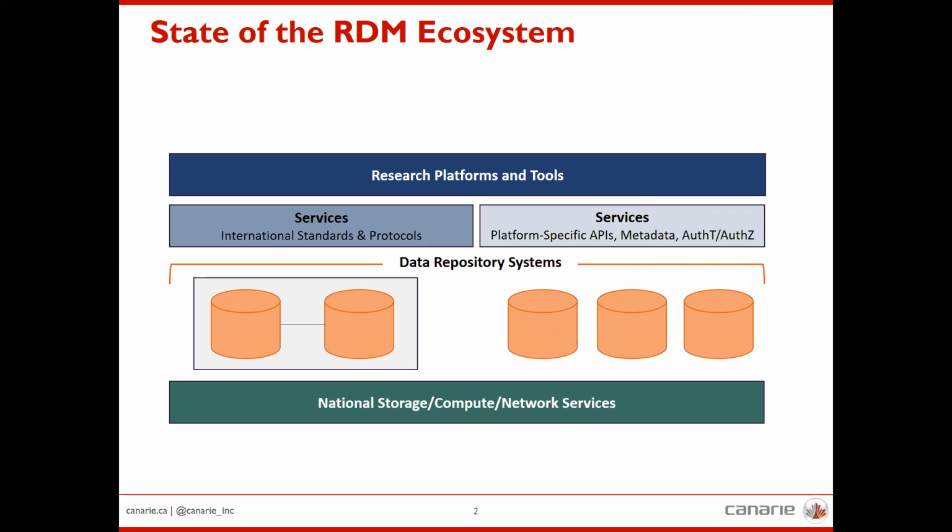There's also quite a range of storage options. Sometimes researchers are using commercial storage options for their research data, whether it's a Dropbox type system or others. So very much a fragmented ecosystem. This has started to change a bit. Next slide, please.